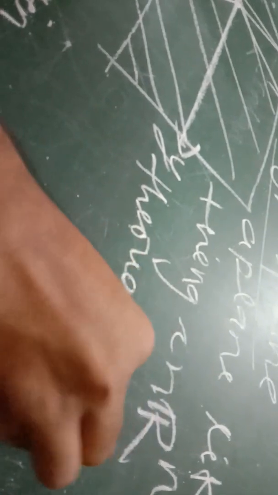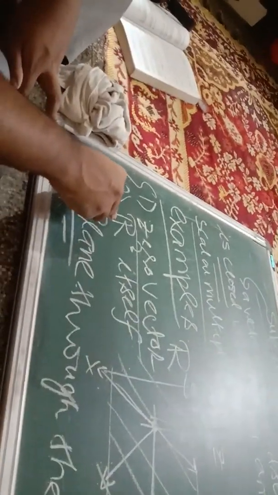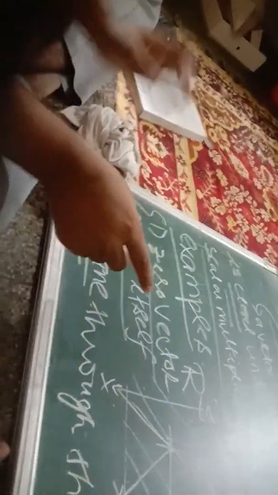That is what to think of when I say the word hyperplane through the origin, obviously. So now we are convinced that subspaces could be of these types: the zero vector and the whole space itself, which are the trivial subspaces, and next, a plane through the origin, or a hyperplane through the origin. So that was about the subspaces.